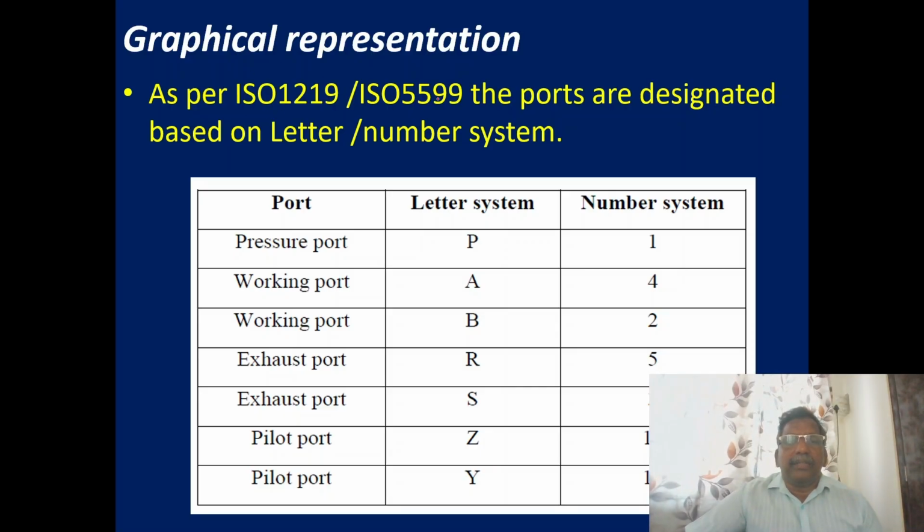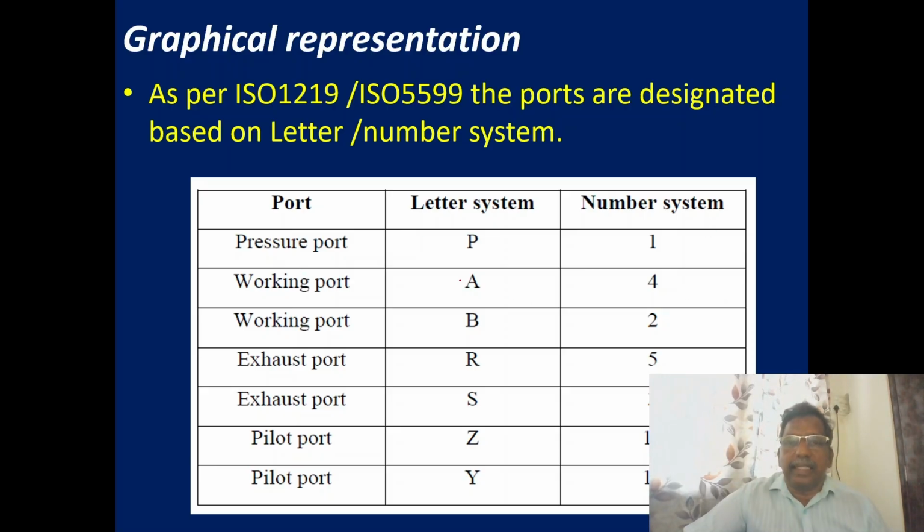In ISO 5599, the ports are designated in numerals. All the odd numbers 1, 5, 3 represent the bottom, and 4 and 2 are connected to the actuator or the cylinder.